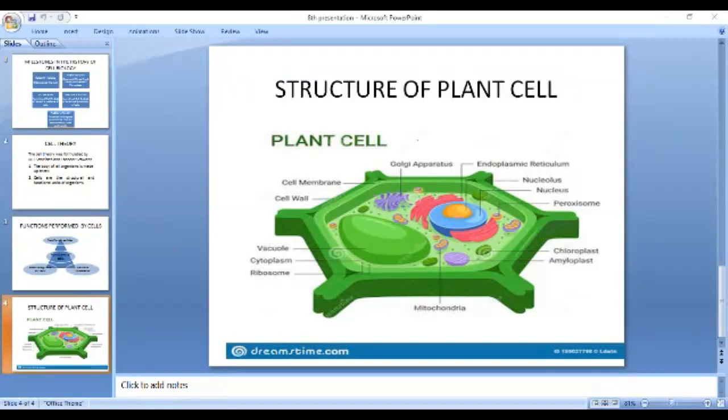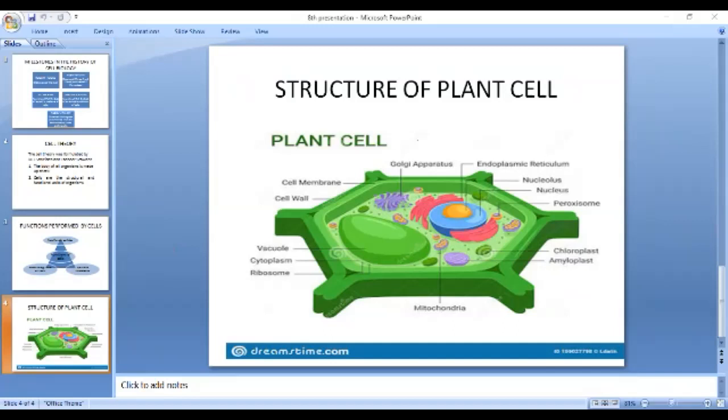You can see in the picture, the cell has a rigid cell wall and a cell membrane. Inside the cell wall and cell membrane, what is present? A fluid part is present in the cell, and that fluid part is called the cytoplasm.